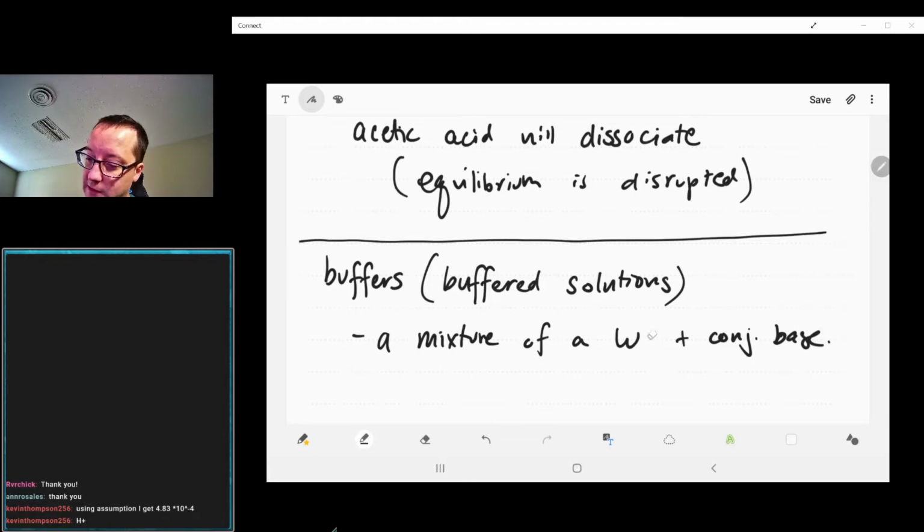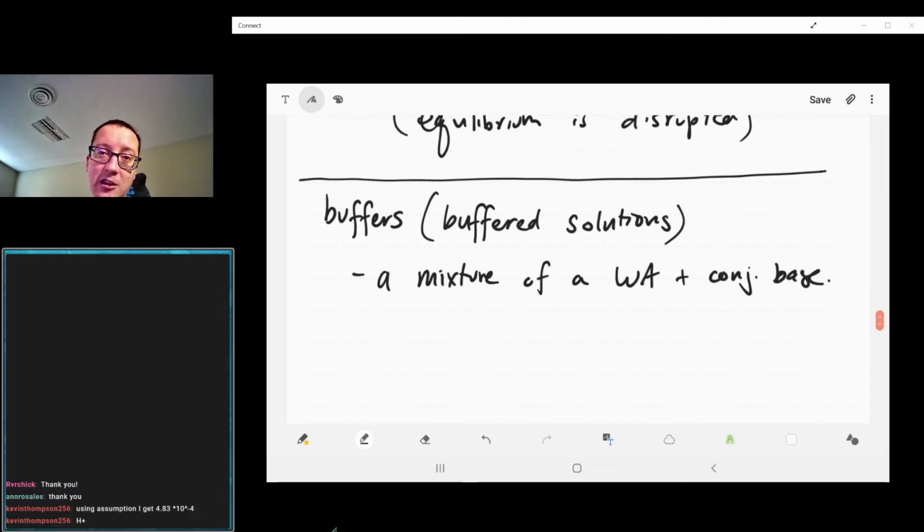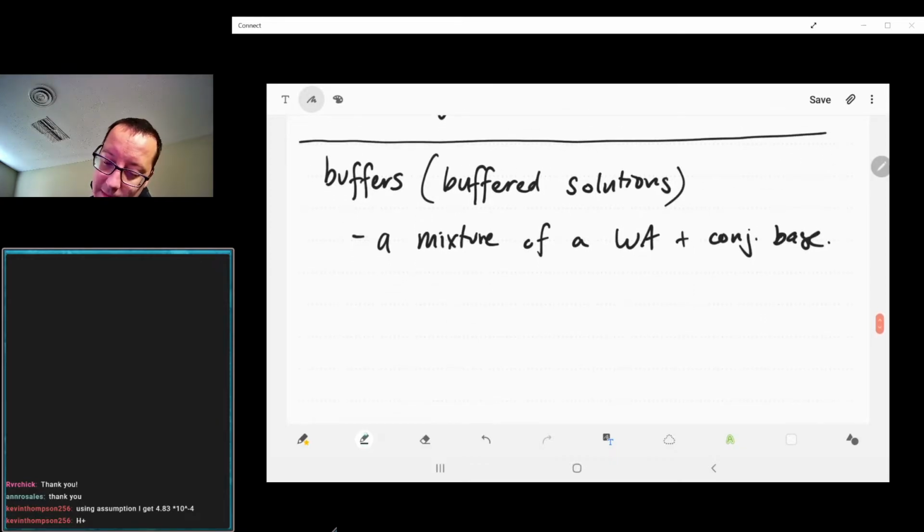So if we take a look at that, we can see in the context of a common ion how this is going to work. When we have a weak acid and a conjugate base together, several things can happen with the solution.